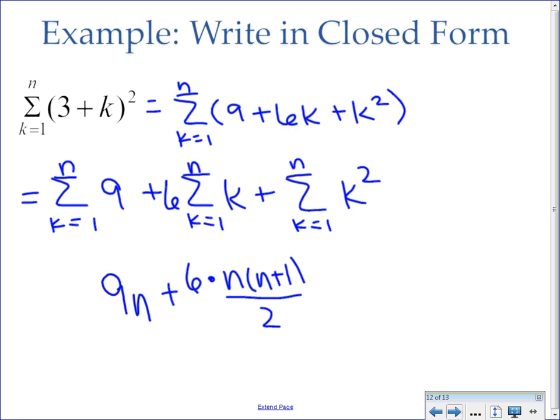Right? And then we have the summation of squares. n times n plus 1 over 2n plus 1 times n plus 1 all over 6. And you can leave it.